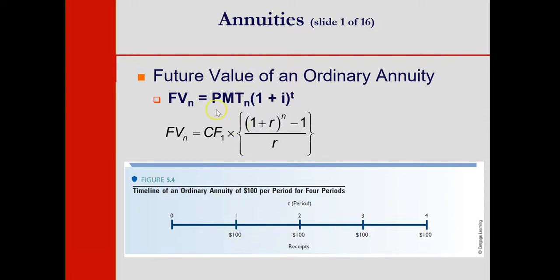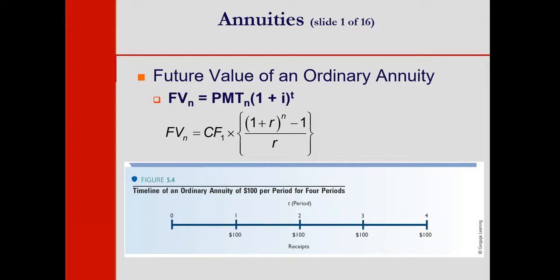The first situation right here says that you can calculate the future value of all these payments separately and then sum all of them together. For example, it would be the future value of these $100 where we start from T1 and end at T4.